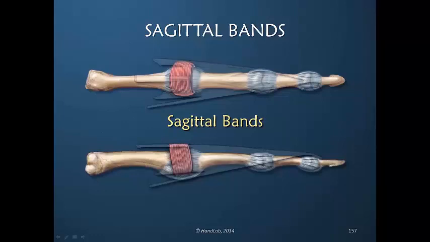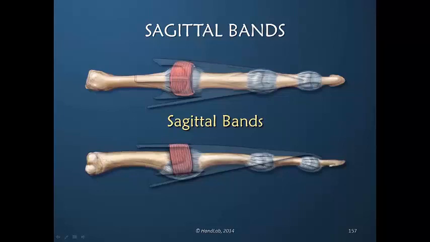Even though the extensor digitorum communis is an extrinsic muscle moving very freely with a significant amount of excursion, one can no longer apply that concept of free, unrestrained excursion once the EDC has inserted via the sagittal bands.